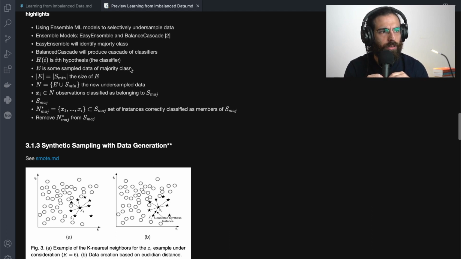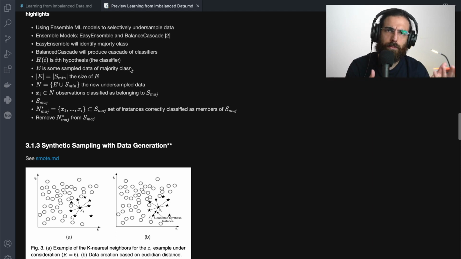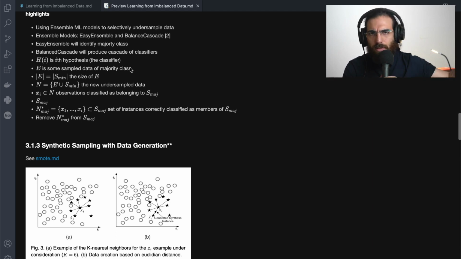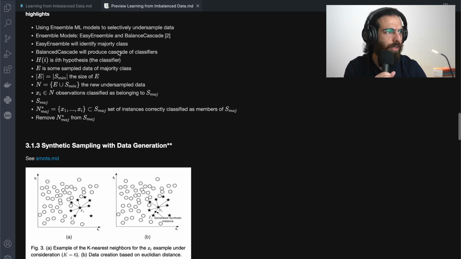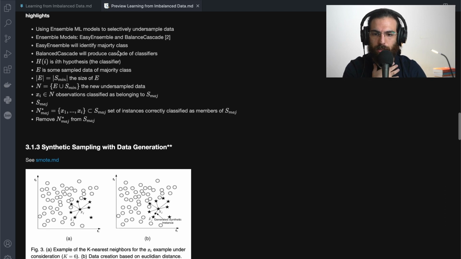And there are of course other unsupervised machine learning models with which you can find different clusters. There's k-means, there is nearest neighbor, principal component analysis, right? You can look up cheat sheets to look up the different unsupervised machine learning models, but there are plenty of effective techniques for finding the majority and minority class. So that's what easy ensemble is used for.